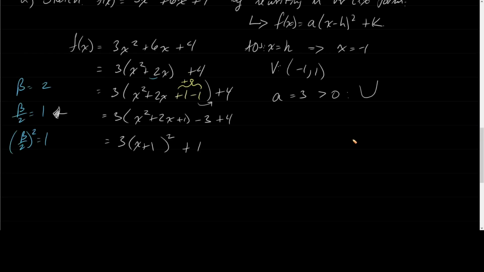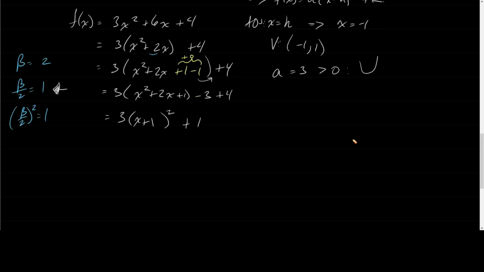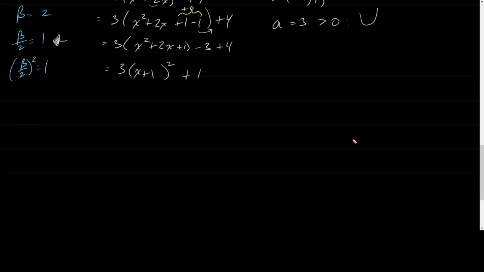The last couple of things that we need here are the intercepts so that we can sketch this. So let's see, the x-intercept is when y is equal to 0. So I'm going to say we have 3 times x plus 1 squared plus 1. Set that equal to 0. Move the 1 over as well as the 3. We end up with x plus 1 quantity squared is equal to negative 1/3.